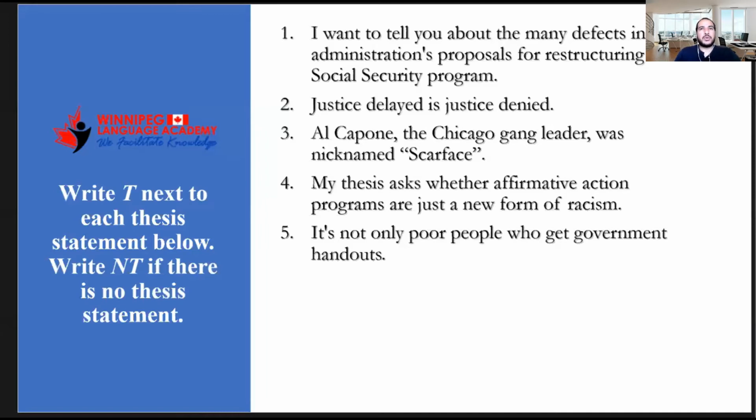We try to avoid questions in the thesis because I already asked the question in the beginning. I give background information and I set the context for you as a reader. You know now what I'm talking about. Now I would put down the basis, the main idea, the core of the essay. I would tell you this is what I'm talking about, so you will take this and then follow it.